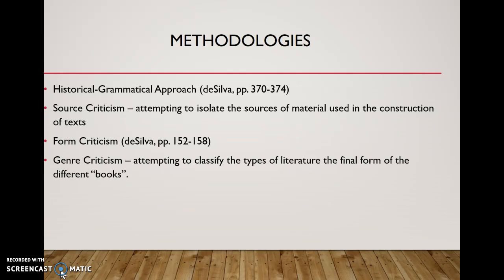Now, the Gospels are an interesting case because the question is, what is their genre? Different scholars have different theories about the type of genre that the Gospels are. And so when we look at Gospels, we'll talk about what kind of material it is. The book of Revelation is called an apocalypse.